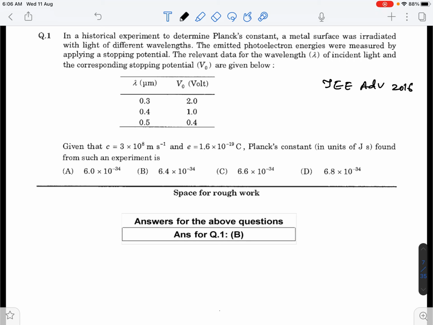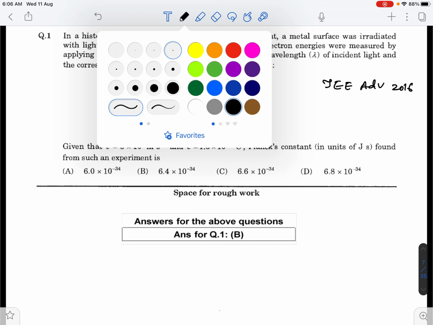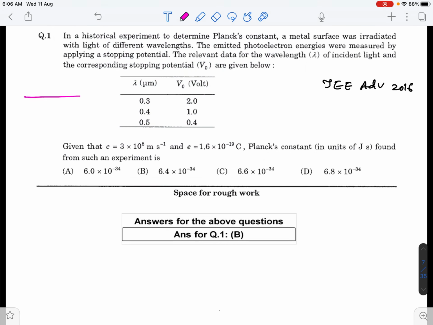So guys, if you don't have any idea how to relate this question, it can be related to Einstein's photoelectric experiment. Suppose this is a metal surface, which has an abundance of free electrons.